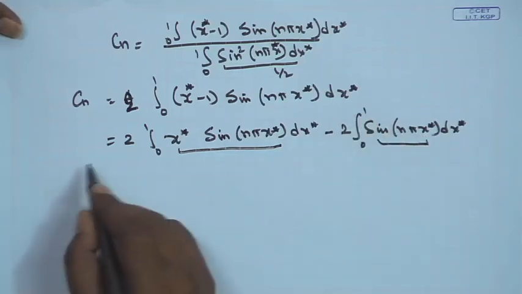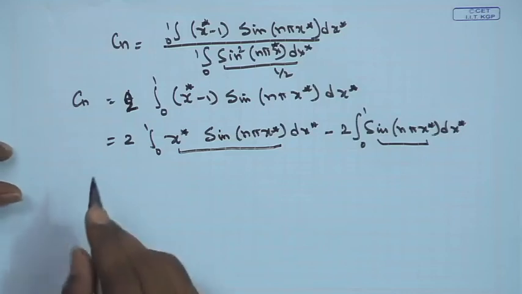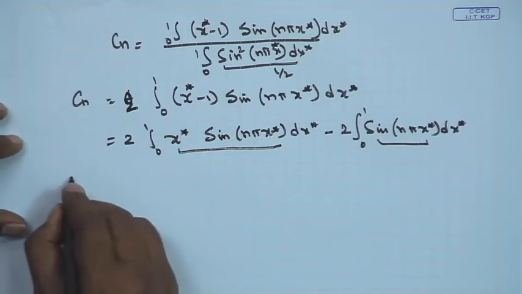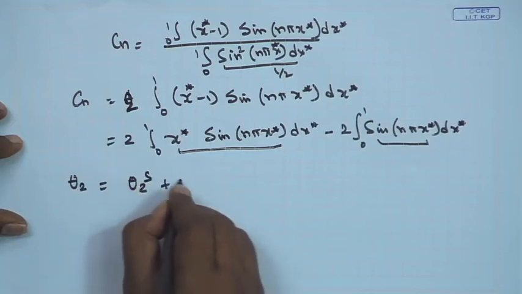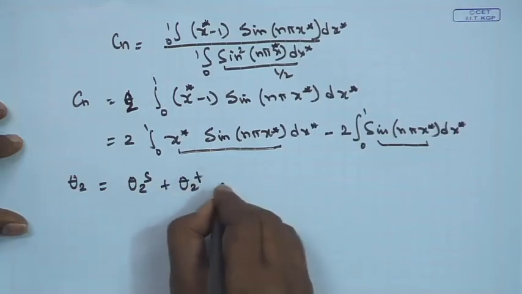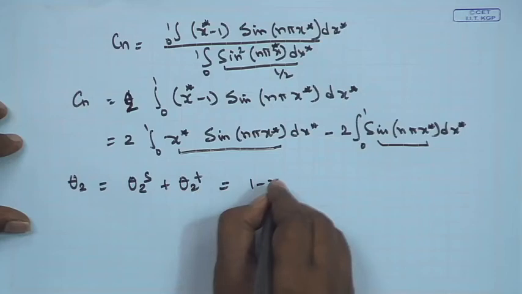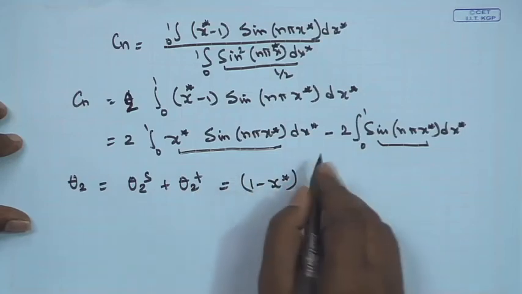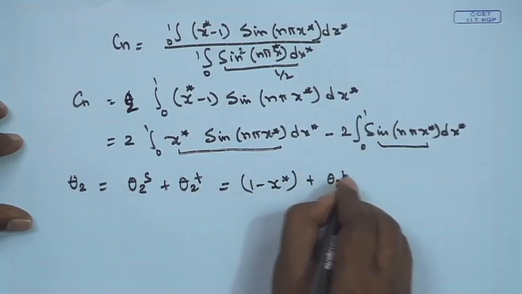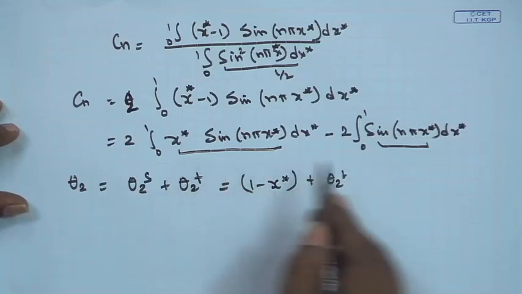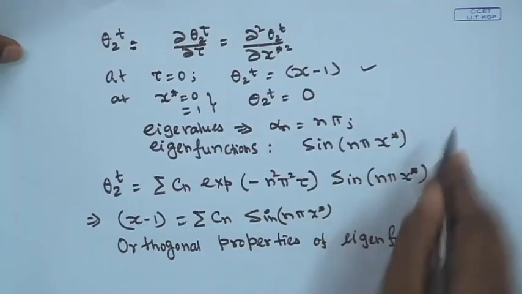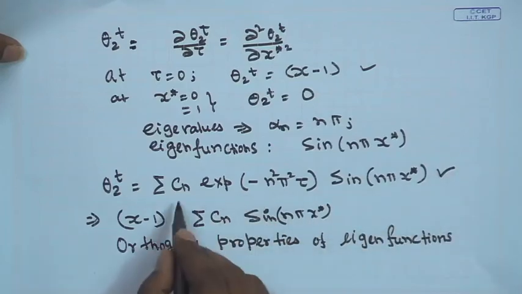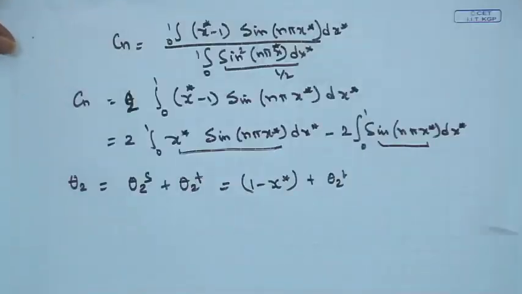So we can get the explicit expression of Cn. Now we can get the complete solution of theta 2. Theta 2 will be theta 2s plus theta 2t. Theta 2s is nothing but 1 minus x star, plus theta 2t, which is whatever we have obtained here, with Cn obtained from this expression.